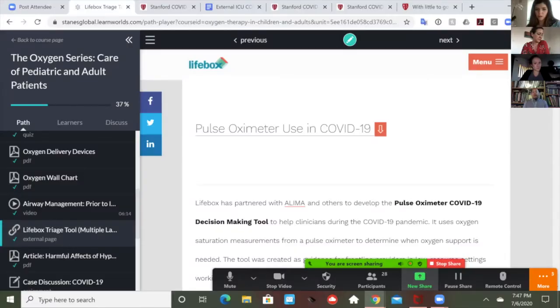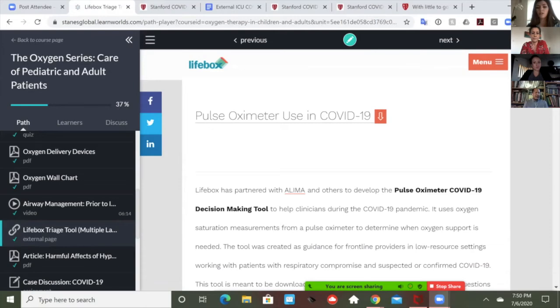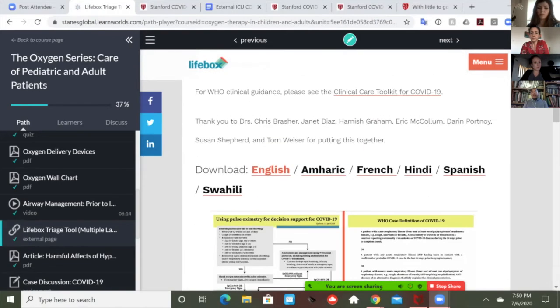We're just going to show you the Lightbox page again, which goes over a triage tool that was shown in the video. Midway down, it shows the Lightbox triage tool, which tells you how the pulse oximeter could be helpful in COVID-19 decision making.